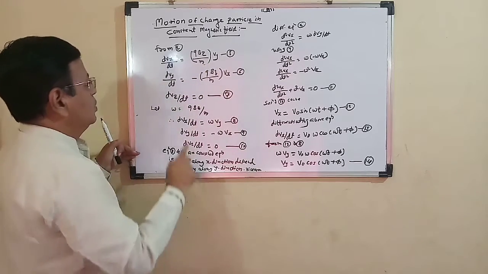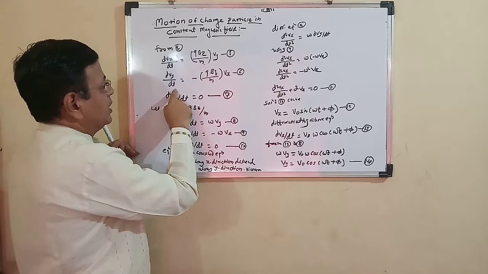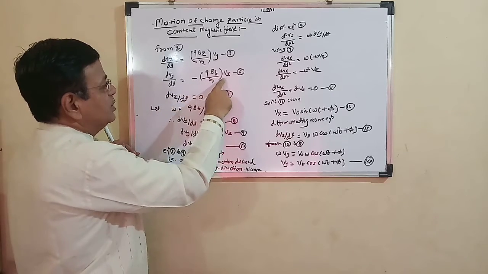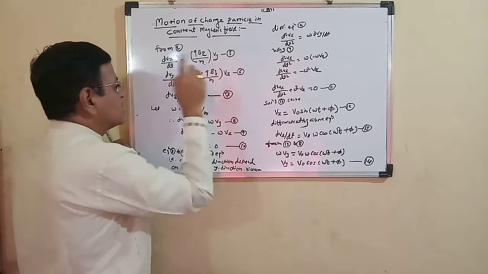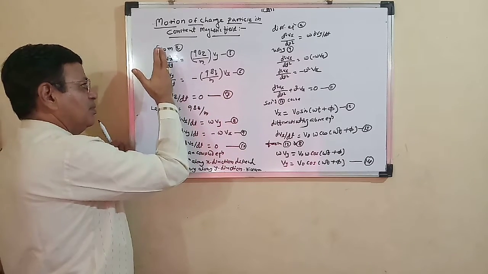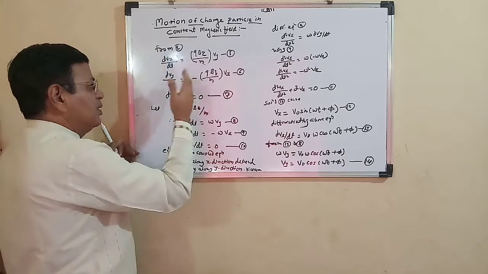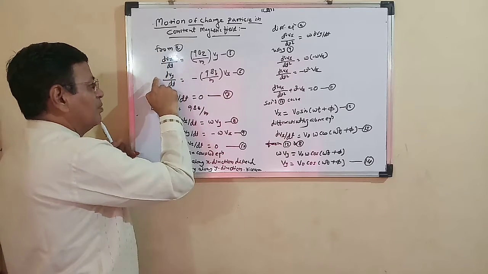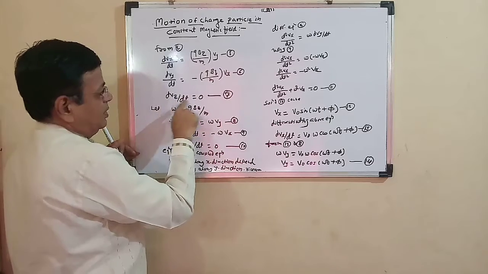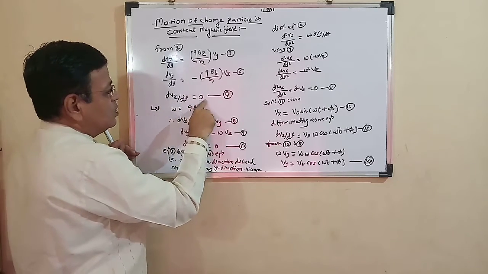So dvy by dt is nothing but equal to minus q Bz upon m into vx. Call this equation 6. Similar to that of dvx by dt, we transfer the m from the left hand side to the right hand side, and the remaining one, dvz by dt is equal to 0, we have to get here.